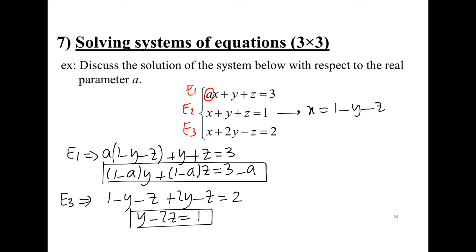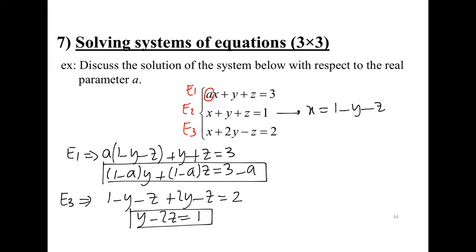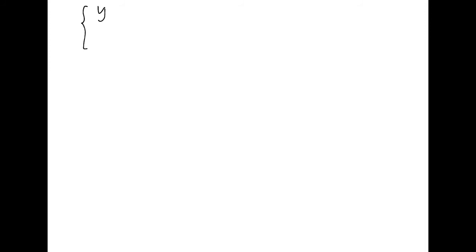So now we end up with this 2 by 2 system in y and z involving the parameter. If we open up a new page here, we write the system. We have y minus 2z equals 1. And we have 1 minus a into y plus 1 minus a into z equals 3 minus a.